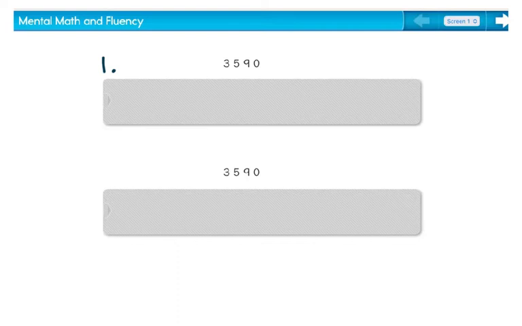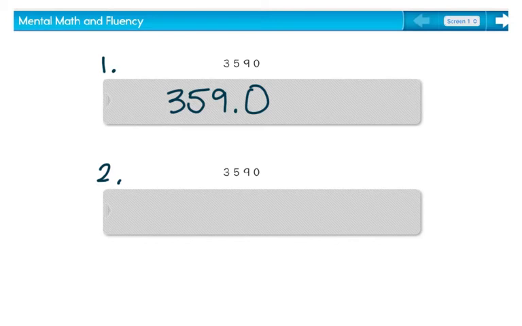Where did you put the decimal? 359. I didn't say 0 tenths because guess what? If there are no tenths there, I wouldn't say anything. All right, I'd like you to write those numbers down again. 3590. I'm going to read another number for you.